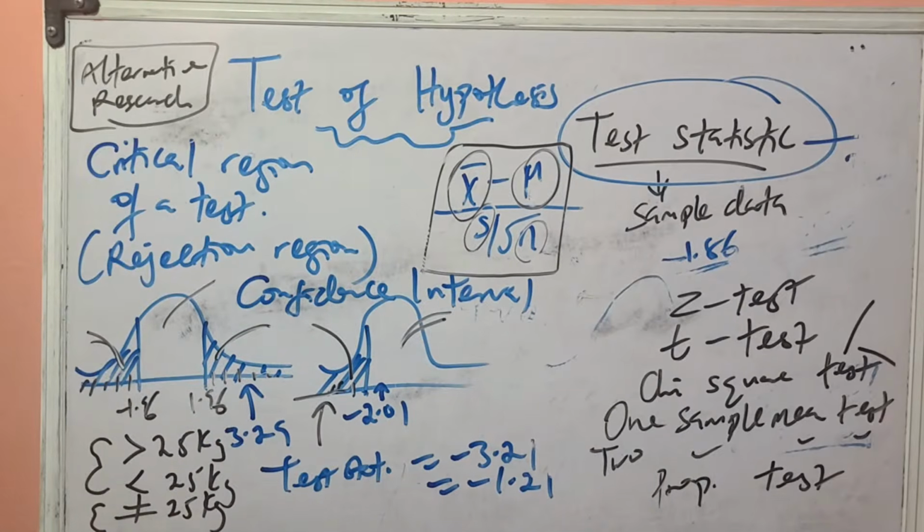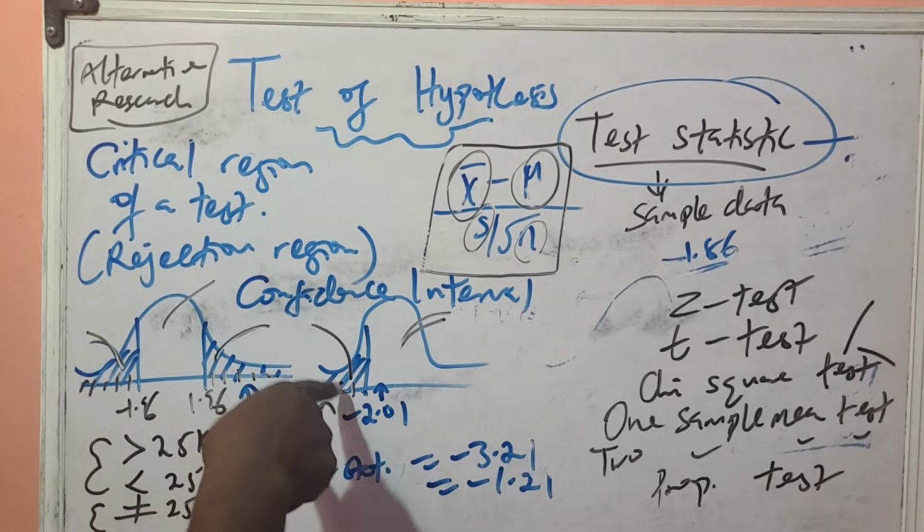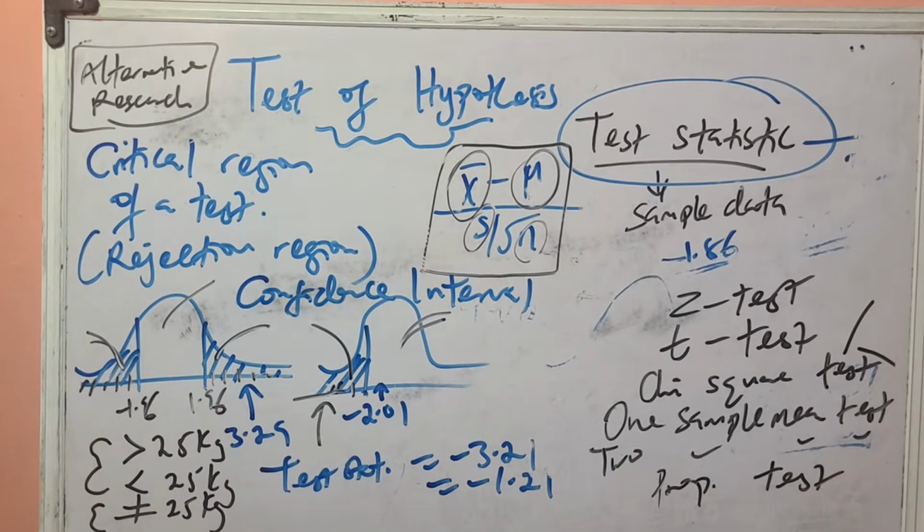And I told you guys that if your test statistic falls inside this rejection region, you're going to be rejecting the null hypothesis. We have two different decisions we can make: we're either going to decide to reject the null hypothesis, or we're going to decide to not reject the null hypothesis. Now, how do you know to reject the null hypothesis?